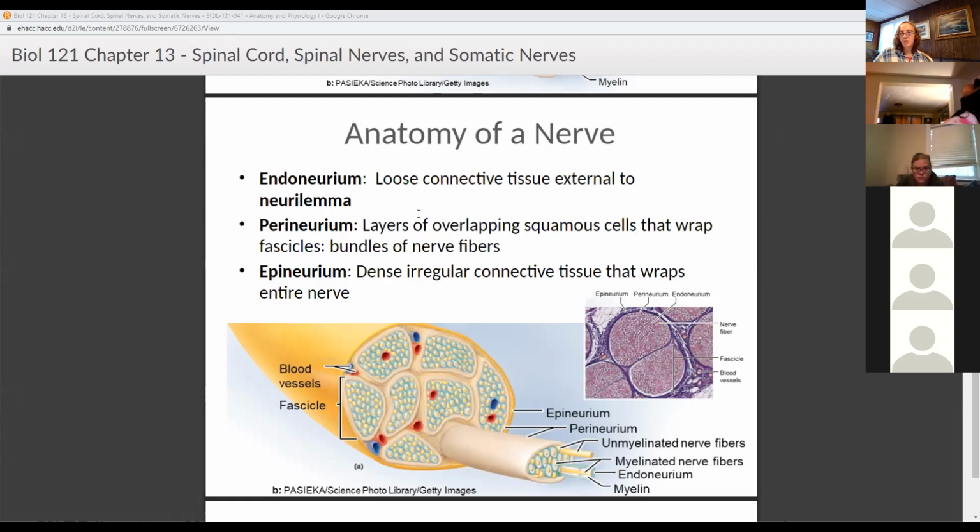Endoneurium is loose connective tissue that surrounds the neurolemma around each individual myelinated axon. Remember that the unmyelinated axons can be in the folds of the neurolemma. The perineurium is overlapping squamous cell wrappings that are going to surround bundles of nerve fibers, meaning the nerve axons.